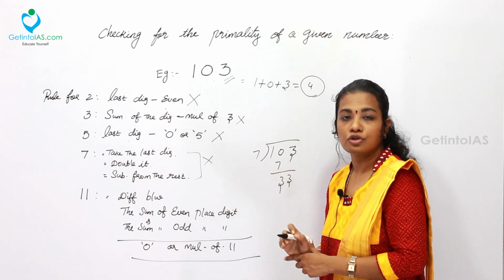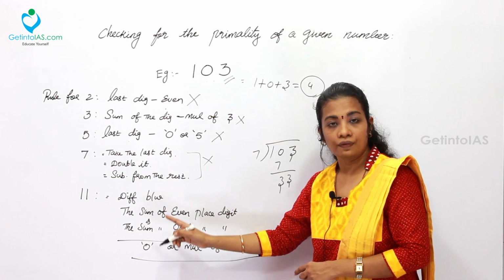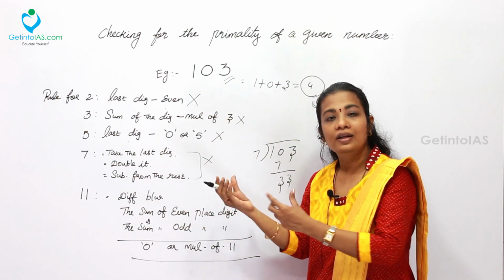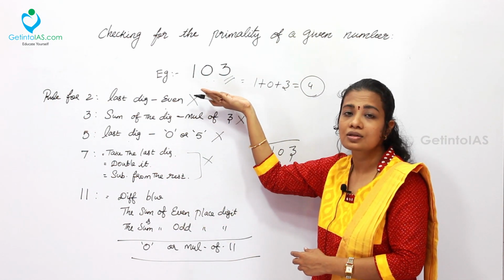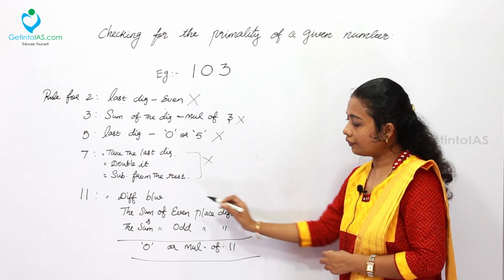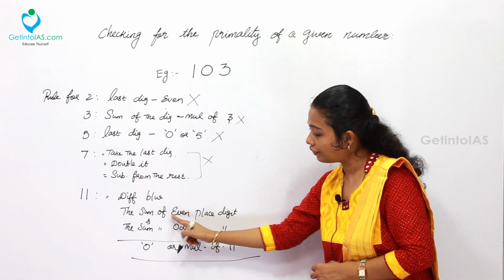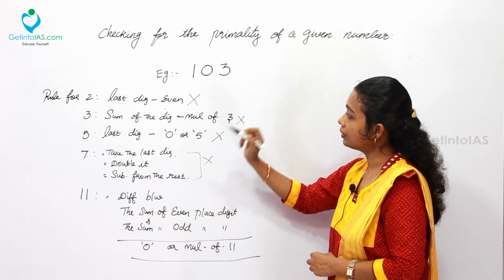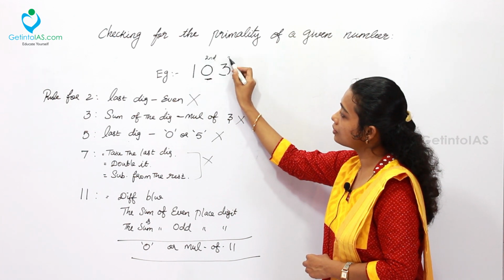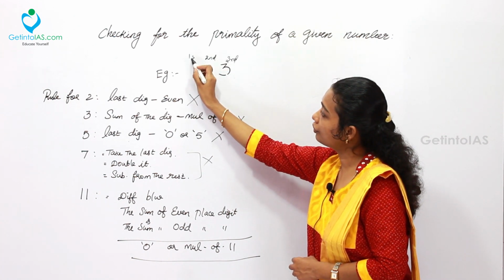So 7 is rejected. Now only one number, 11, remains. If this number is not a multiple of 11, we can definitely say this number is a prime number. Let's check it. So what is the rule for 11? The difference between the sum of even place digits and the sum of odd place digits. What is the sum of even place digits? Here there is only one. This is the second place, this is the third place, and this is the first place.